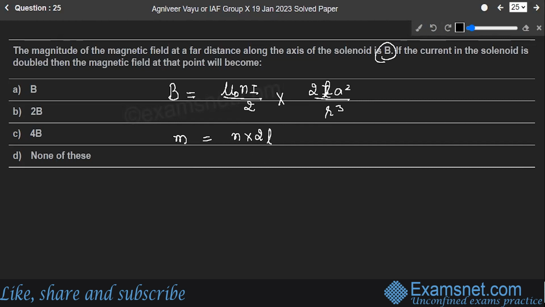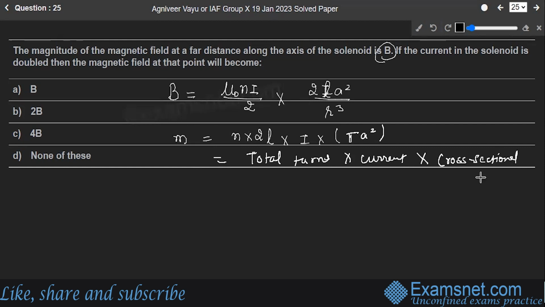So 2L into I into pi A square, which is equal to total turns into current into cross-sectional area.